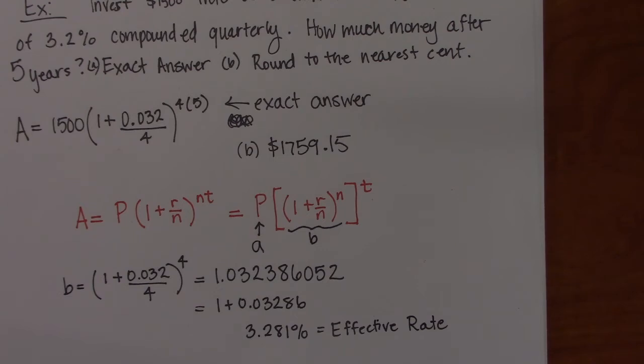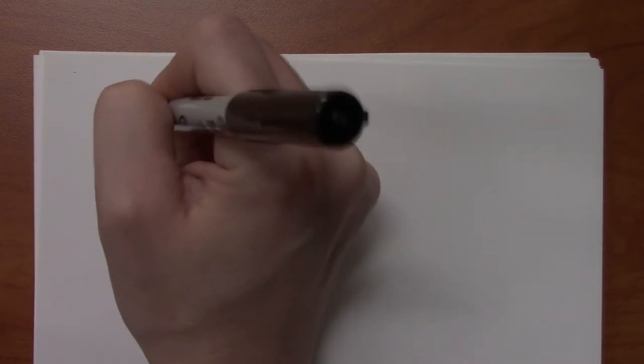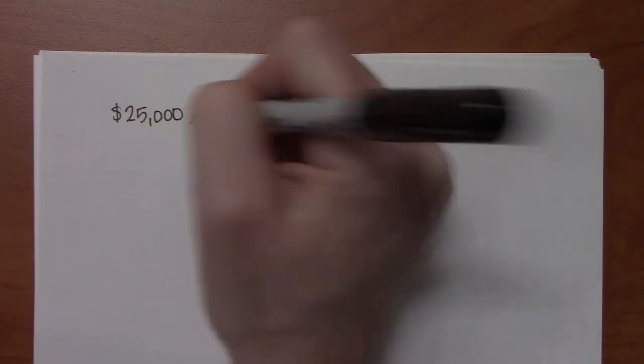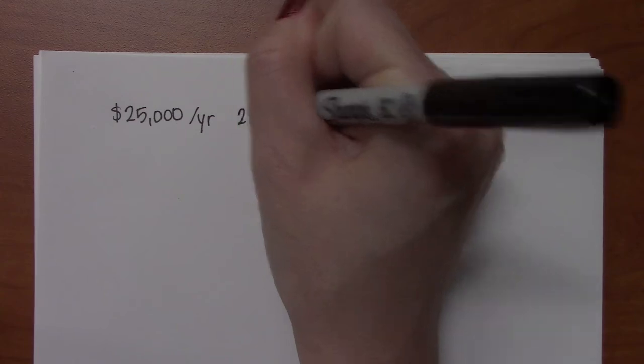So if we were to look at something like this, let's say that you make $25,000 a year. And your tax rate on that money, and we're going to say it's 25%, so just make some nice round numbers.